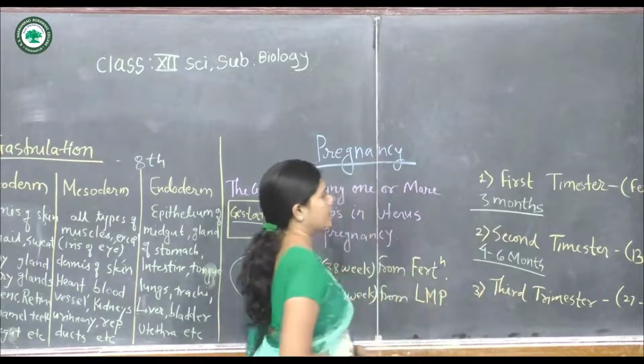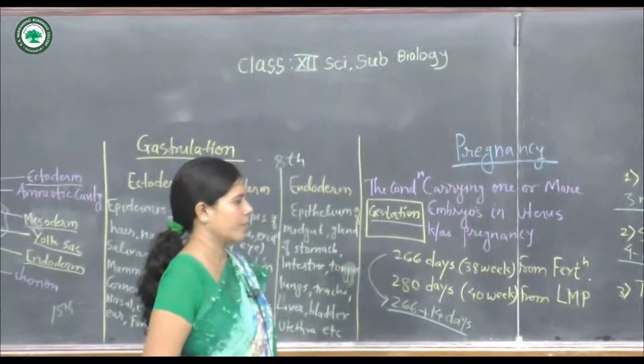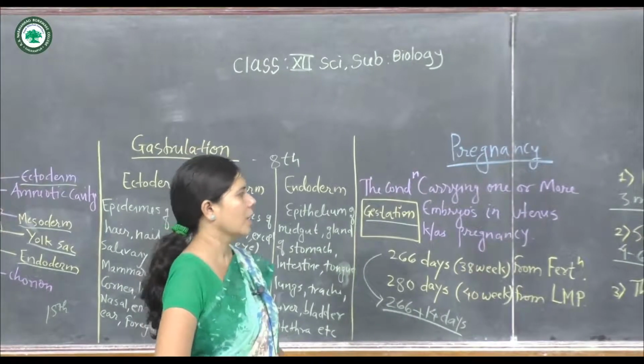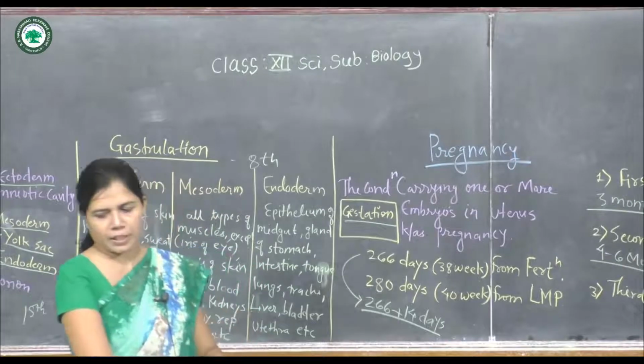The second trimester is from the 13th to the 26th week after fertilization, the 4th to the 6th month of pregnancy.